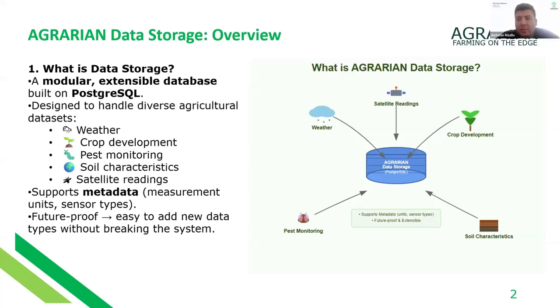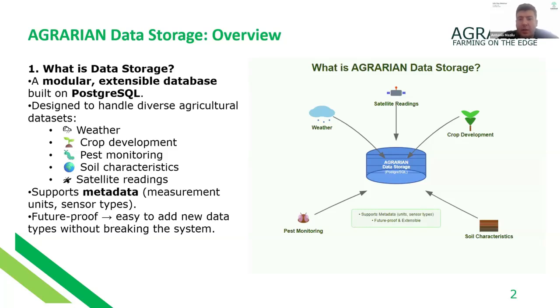This system has the ability to handle the incredibly diverse range of agricultural datasets that modern farming requires today. And we're talking about weather patterns, crop development stages, pest monitoring alerts, soil characteristic measurements, and satellite imagery readings, which are all in one unified system.